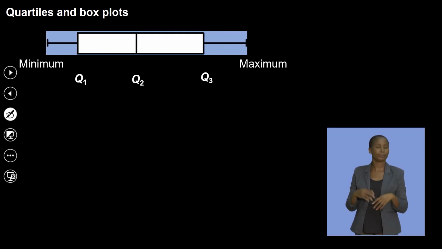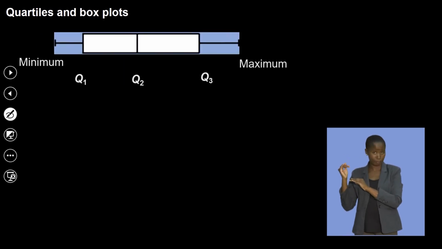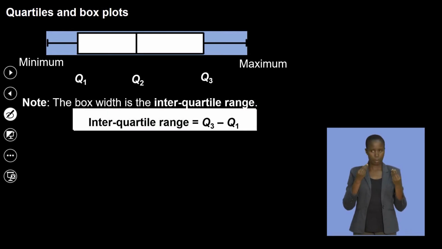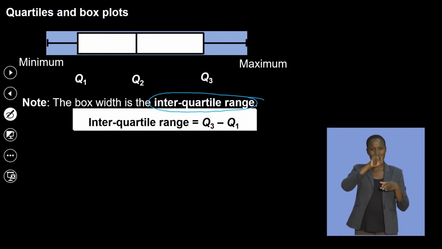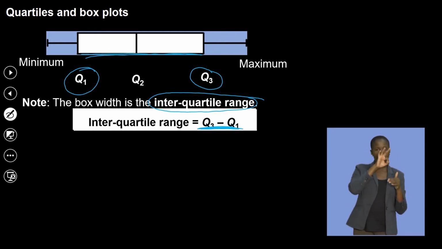So this is our whisker plot. This is how it looks. We have our minimum value there, Q1, which is the lower quartile, Q2, Q3, and the maximum value. Now the width of the box is the interquartile range. Can you see that? Q3 minus Q1 is the interquartile range.